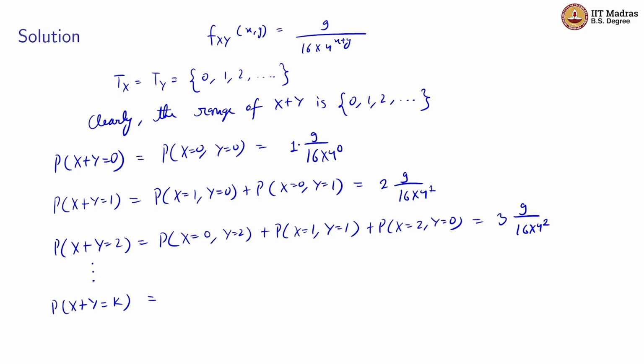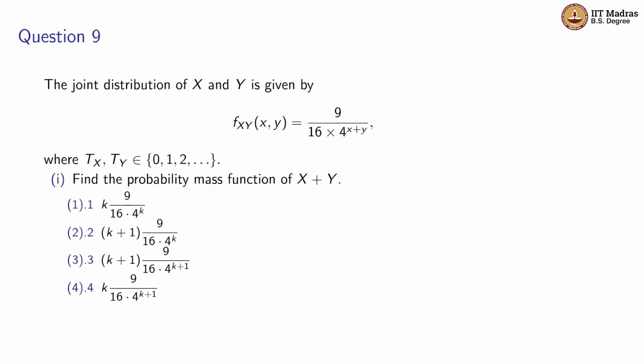So on observation, the probability that x plus y is equal to k will be equal to k plus 1 into 9 by 16 into 4 raised to the power k, and this is the required answer. So option 2 is correct.